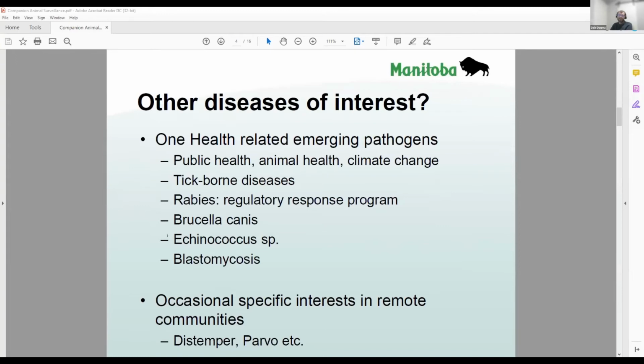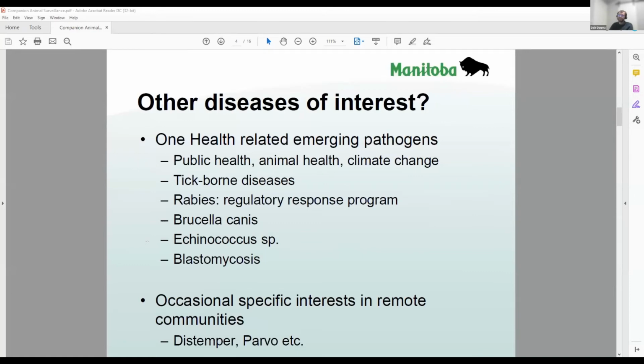Things like Brucella canis have gotten some more attention as of late, Echinococcus, Blastomycosis, and that's really because of the human health aspect, specifically Blasto and Echinococcus. It's been in response to human health cases, and then the public health system wanting a context to put around a human that's suffering from one of these diseases or is concerned about a disease.